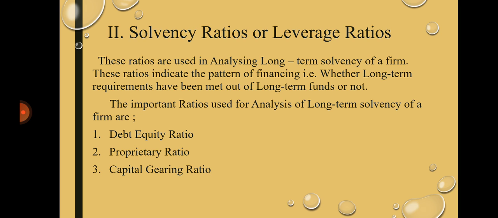Okay, but we will be studying only these three important ratios. That is, first one is debt equity ratio, second one proprietary ratio, and the third one is capital gearing ratio. And with the help of these three ratios, we can easily identify or test the solvency position of a business organization. Okay, now let us understand one by one these ratios.